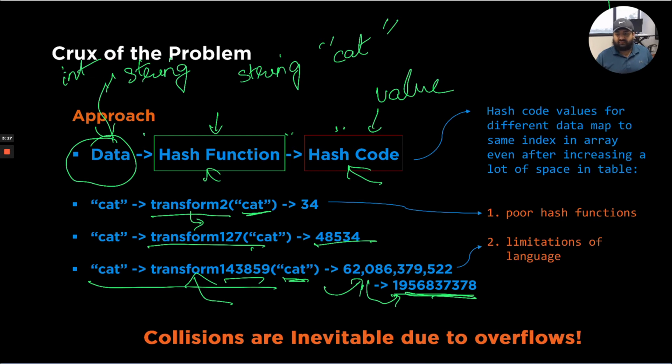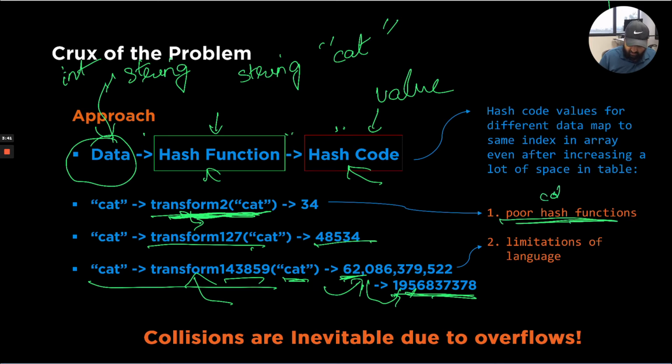So it wraps around, because this is like 62 billion, but the range of integers is just like 2 billion, so it gets wrapped around to like 1 billion 956 million and so on. If we had this hash function, transform 2, this was leading to a lot of collisions.